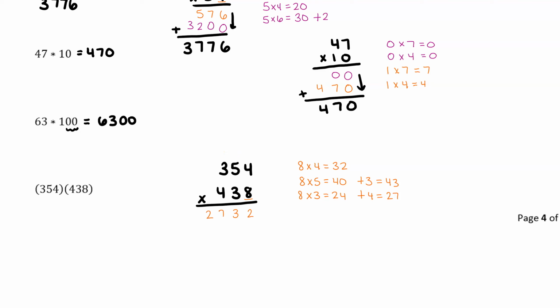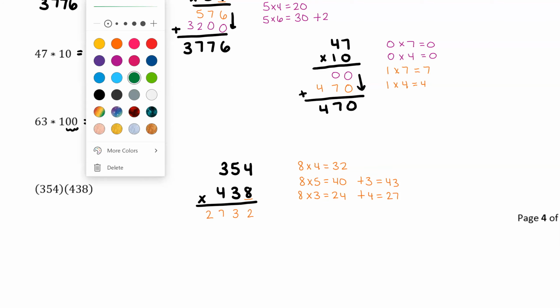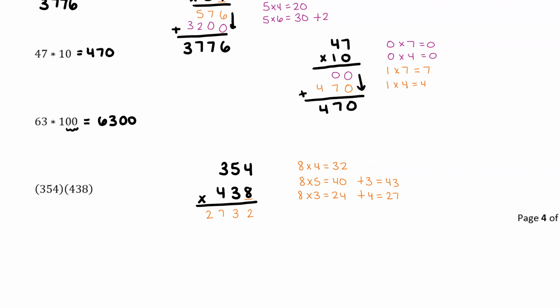Okay, let's try again. We're going to move 1 space to the left, which is the 3, and we're going to drop a 0 because the 3 is in the 10 spot. So now we'll do 3 times 4 makes 12. 2 comes down, 1 goes up. 3 times 5 makes 15, but don't forget to carry that 1, so that makes 16.